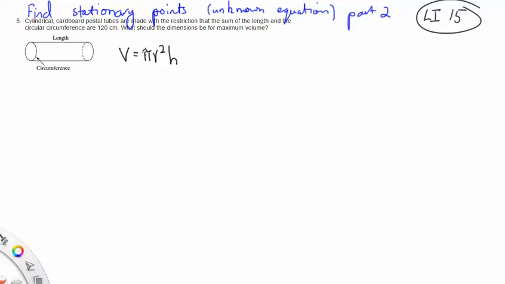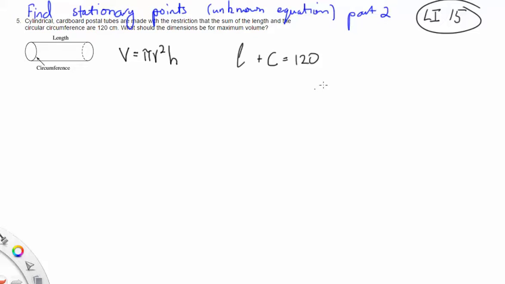It's also given us a restriction. It's given us another piece of information, that the sum of the length and the circular circumference are 120 centimeters. We know that the length plus the circumference equals 120 centimeters.